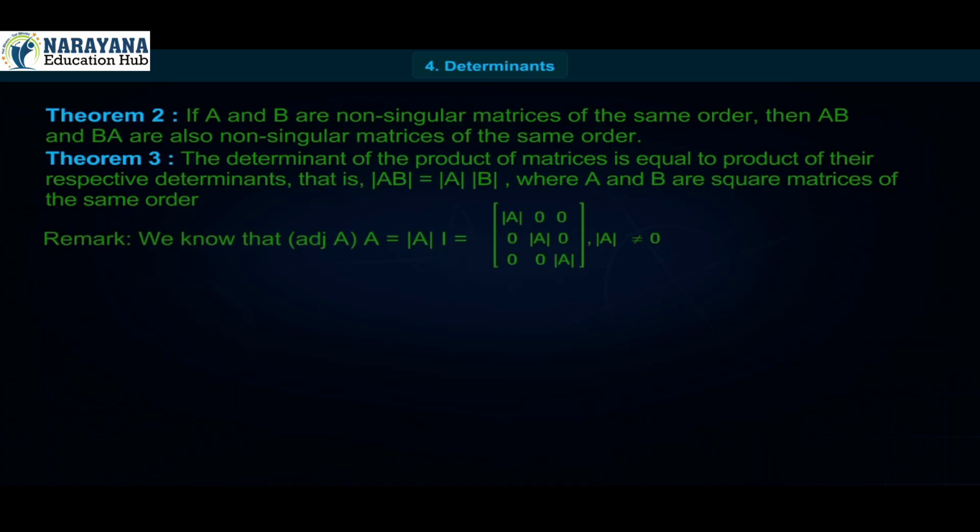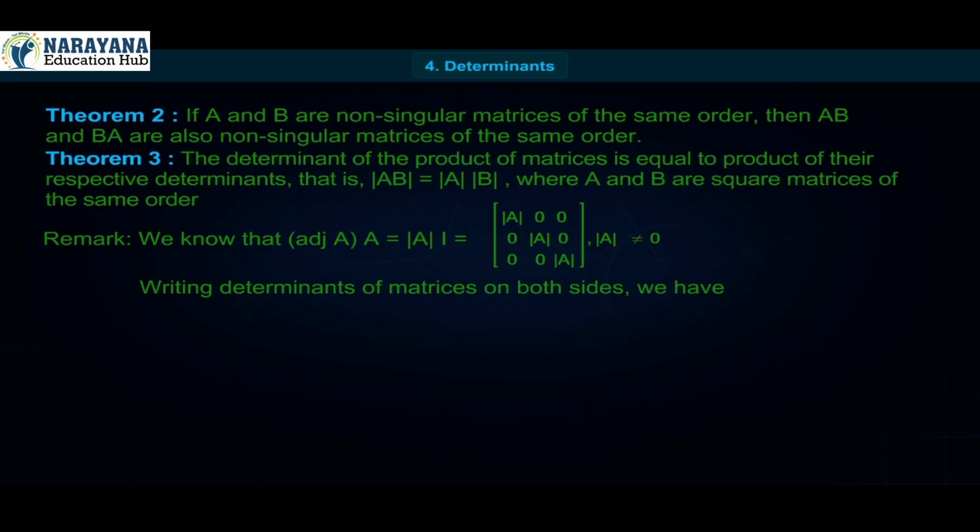Remark. We know that adjoint A times A is equal to determinant of A times I, which is equal to the matrix [determinant of A, 0, 0; 0, determinant of A, 0; 0, 0, determinant of A], where determinant of A is not equal to 0.